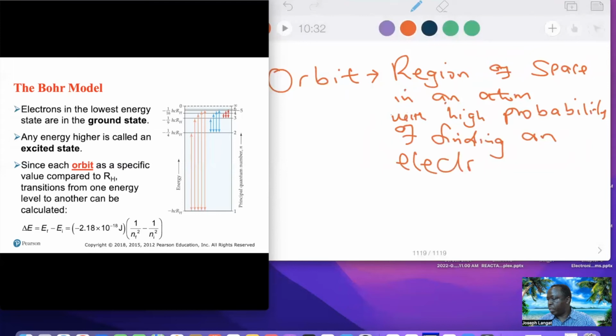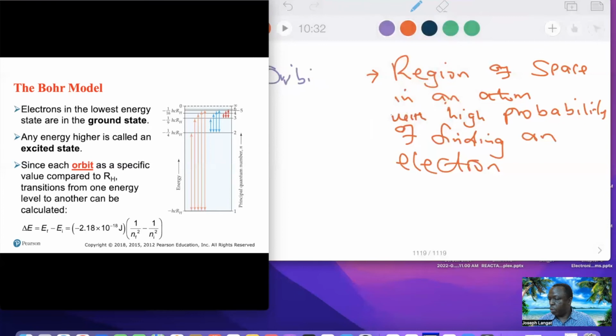This regional space where you can find an electron, we call orbital. We'll come back to this.